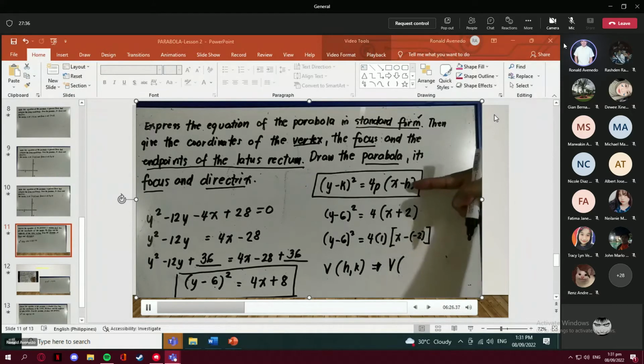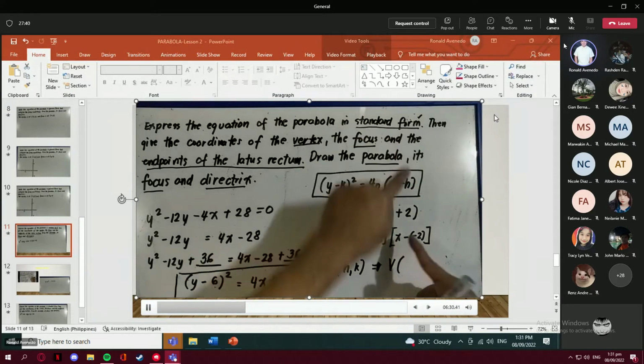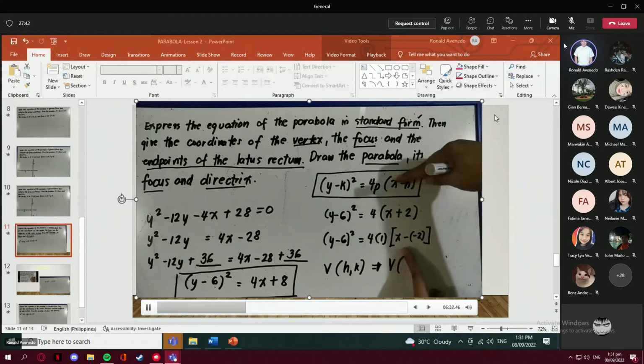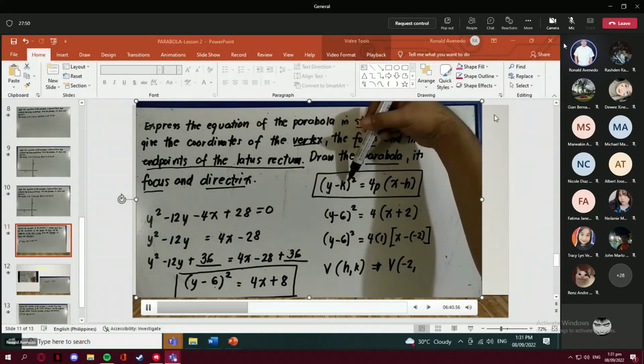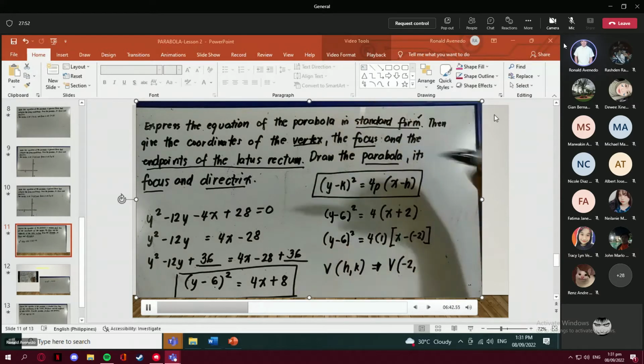So h is dito, h is x minus h. So x minus h is negative 2. Our k, so y minus k. So y minus 6. So our k is 6. So the coordinates of our vertex is negative 2, 6.